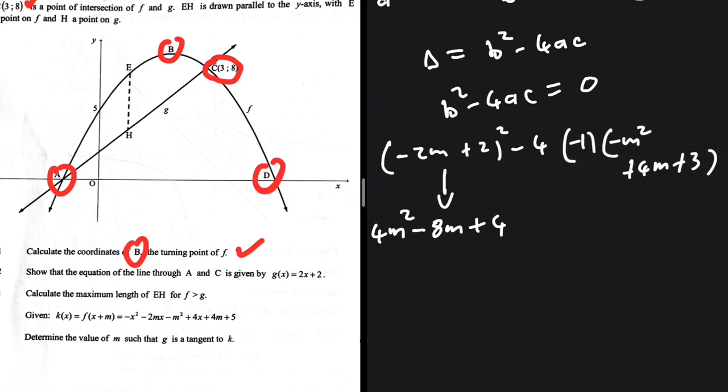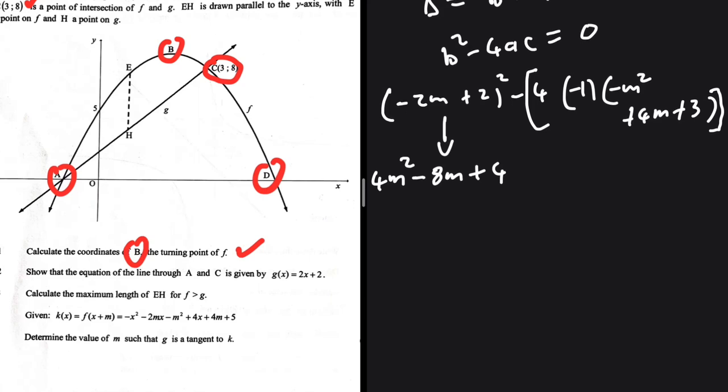And say minus 4ac. So I want to find the 4ac separately. So I have minus, and then I have my 4 right here, and then I want to solve what is inside the brackets there. When I solve that, I can start out by multiplying with 4, and then not 4 but minus 1.